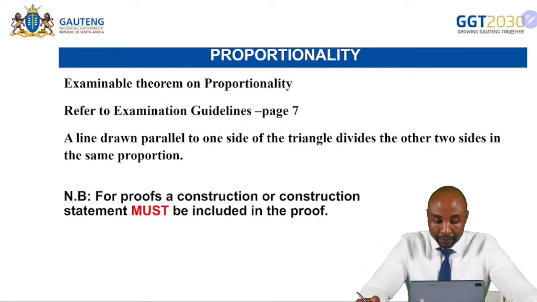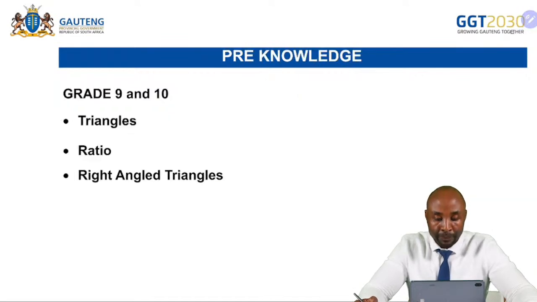Now, please note that for us to do any proofs, we must have a construction statement. Otherwise, we will not get a mark in that particular question. It is very, very important. But for today, we are not going to do the proof.